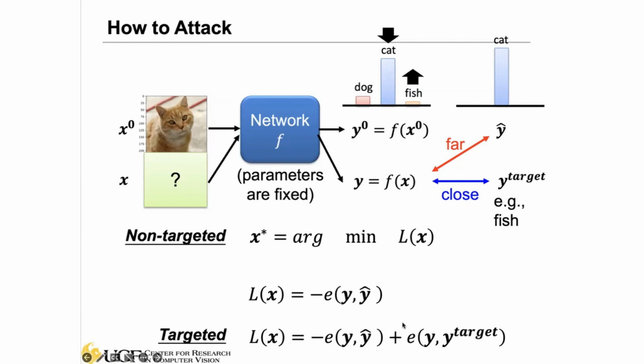We still want the prediction as far away from the ground truth, so we keep this term. But to do the target attack, we add another term to minimize the discrepancy between the prediction and the target label. So we add an extra cross entropy loss for this target label. That formulates the objective function for the target attack.